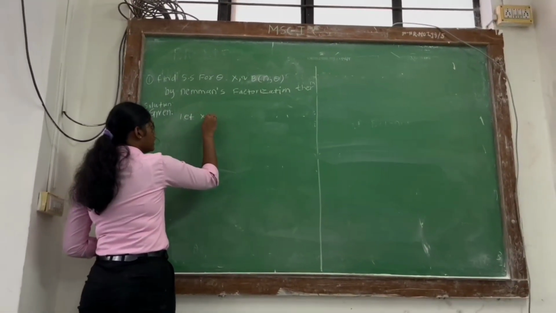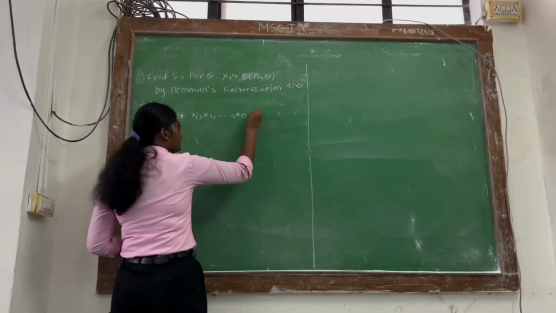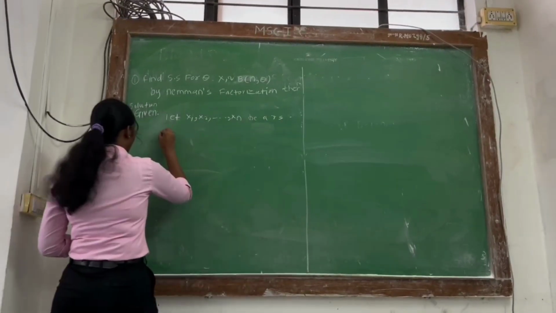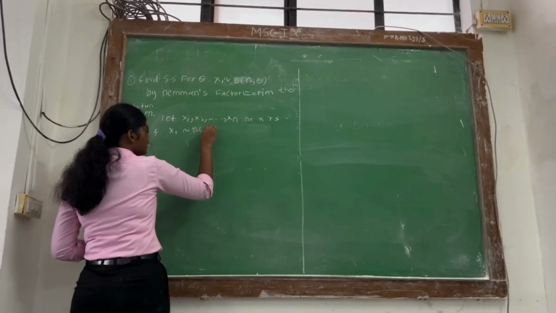Let x1, x2 up to xn be a random sample and xi follows binomial n comma theta.